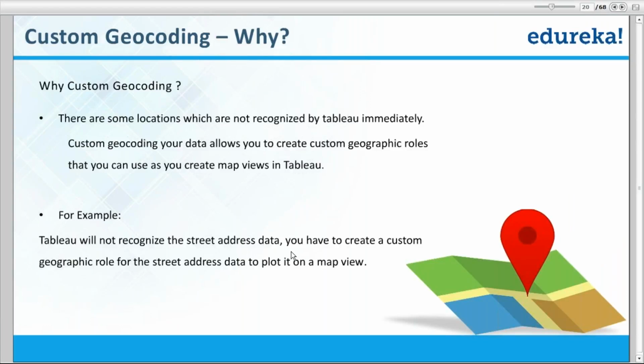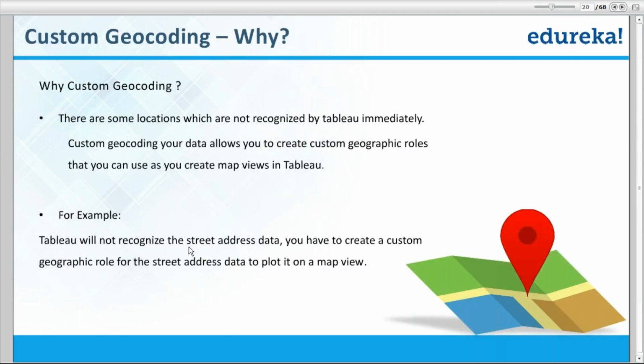For example, if you are giving your street address, say I'm in Bangalore and my street address is number 10 Shobha Apartments in Marasalli, Bangalore. If I give that location directly, it may or may not recognize that particular data.